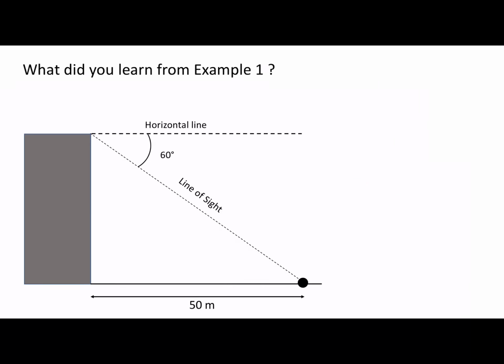So what did you learn from example 1? We apply what we learned in the previous video. We draw the angle of depression, we construct a right angle triangle, and we found out that we can actually draw two right angle triangles. Which one is better? That is up to you.